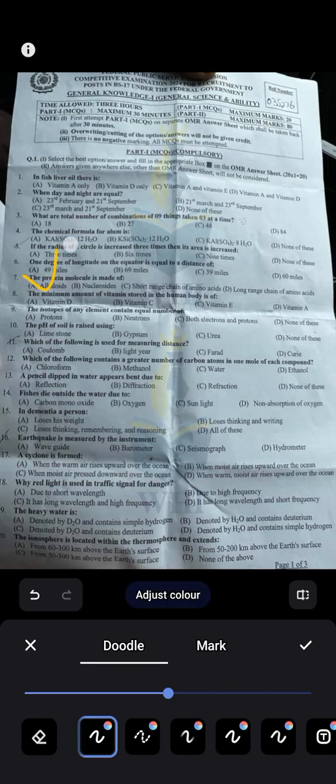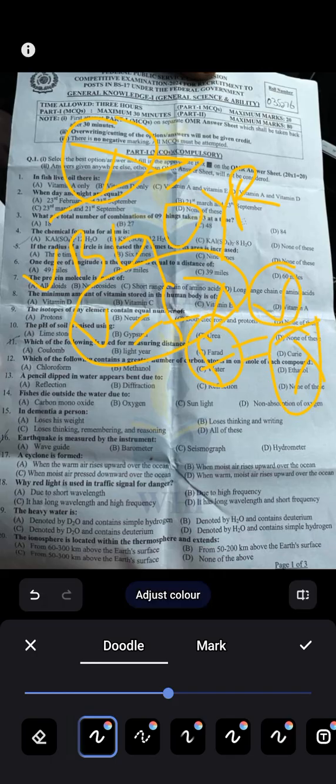So we can say that with the increase in wavelength, frequency is decreased. As we know, v is equal to f lambda, so f will be equal to v over lambda. That means if v is constant, then frequency and wavelength are inversely proportional to each other.